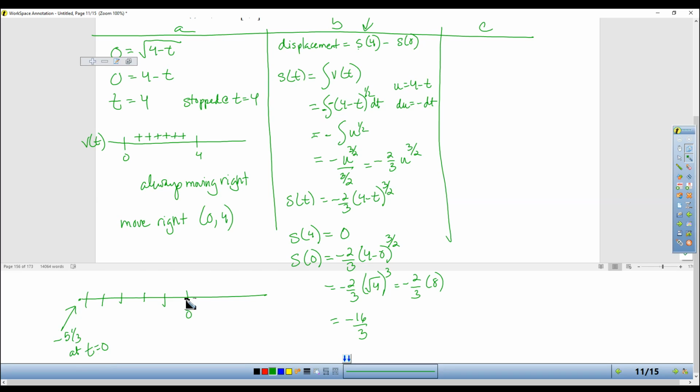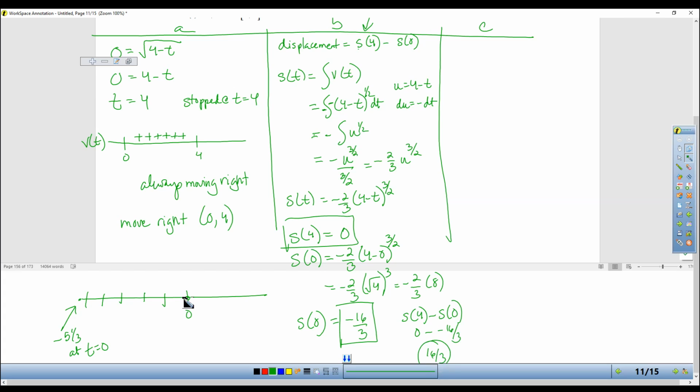But then we know that it reaches 0 after 4 seconds. So what is its displacement? That's its position at s of 0. This is its position at s of 4. So if you do s of 4 minus s of 0, you'll get 0 minus negative 16/3, positive 16/3.